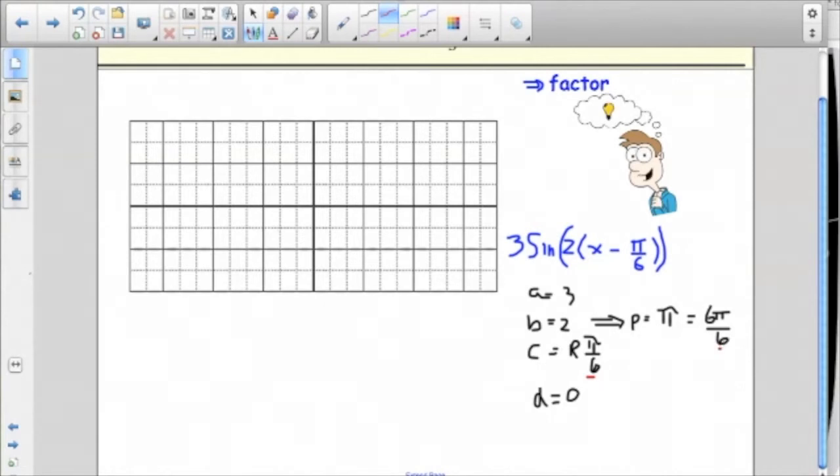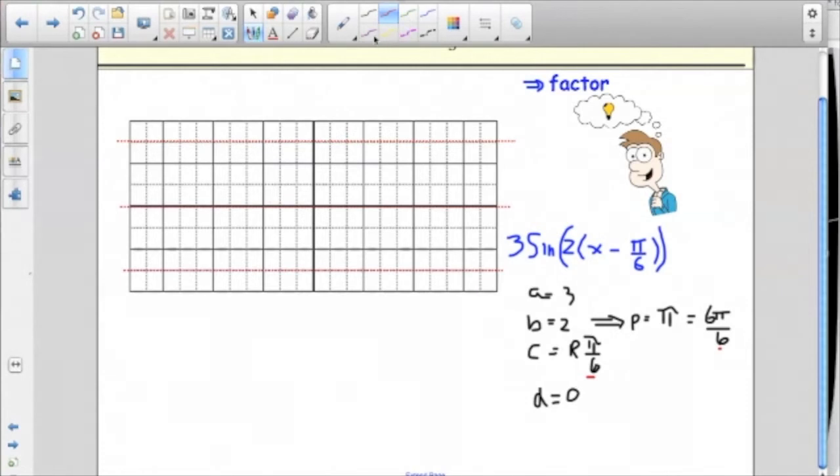Okay, let's go through our process. First thing always is our midline. Okay, and midline here is 0. Okay, and then we go up 3, down 3, and we have to do our scaling now, so put some numbers in.